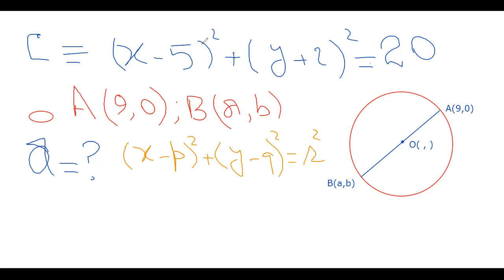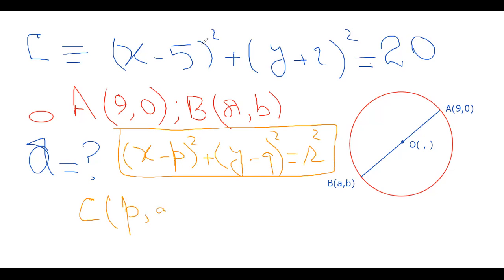If this is the standard equation of the circle, then the center is P and Q, and the radius is R. Are you getting this?